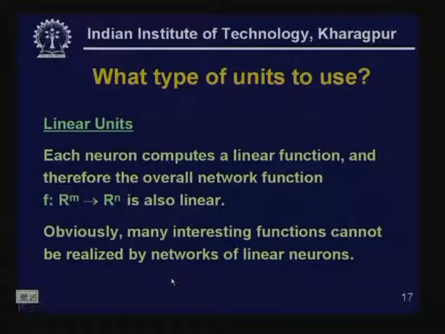If you add several layers of linear units, what we get is in effect another linear unit, and therefore, it does not have the power to represent all types of decision surfaces. So, the type of functions that we can represent by multi-layered neural networks using linear units is severely restricted.